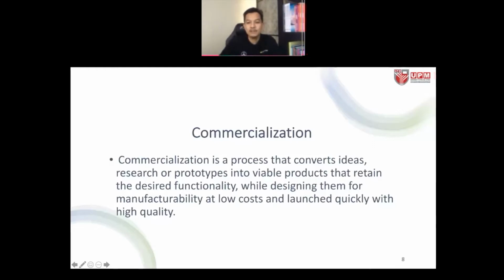At the end of this course, you're going to choose the suitable pathway for your own product in your group, and identify the steps that you are going to take to bring your product from the research and development stage into the commercialization stage.